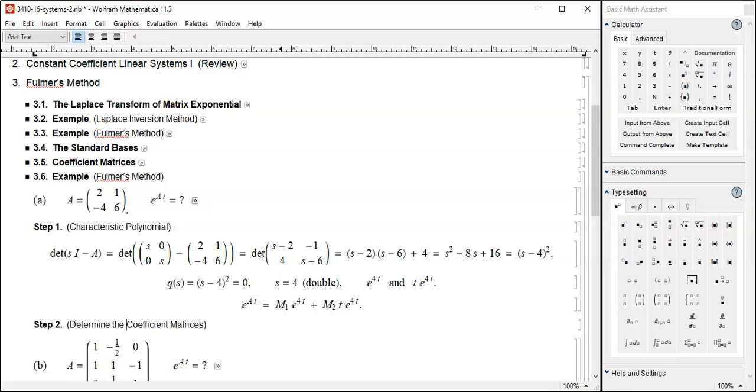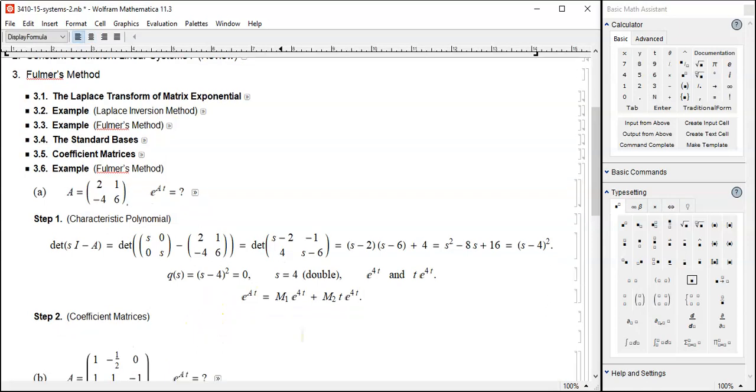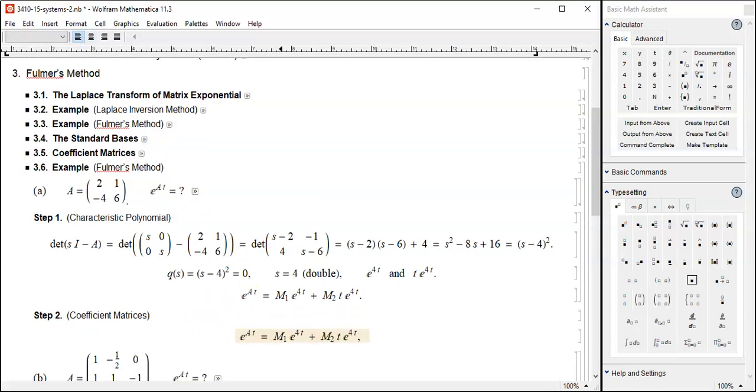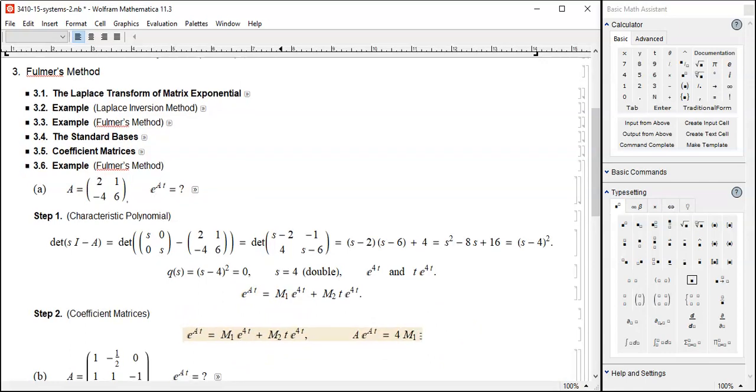Let's determine the coefficient matrices, M1 and M2. Okay, here we go. We have one equation here. And then let's take the derivative. And let's take the derivative of this for M1 e to the 4t power. Is that clear? And then this one is going to be a bit harder because we need a product rule here.